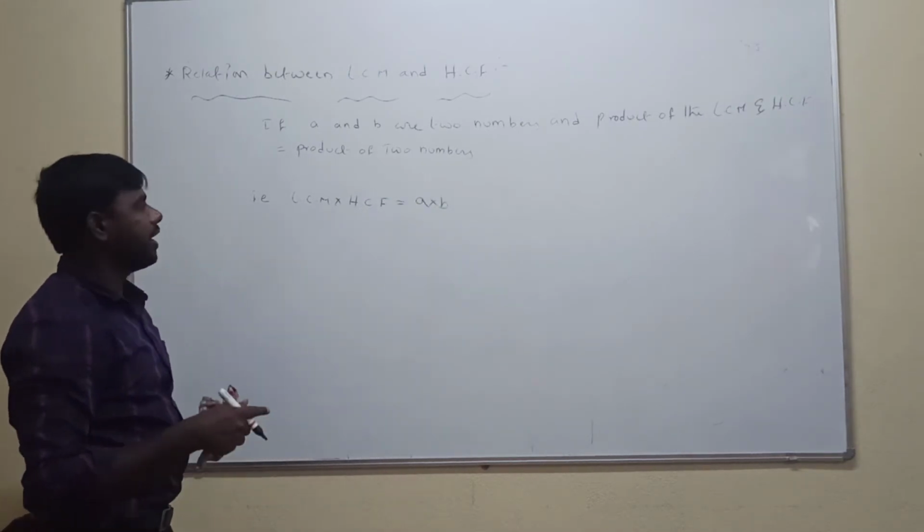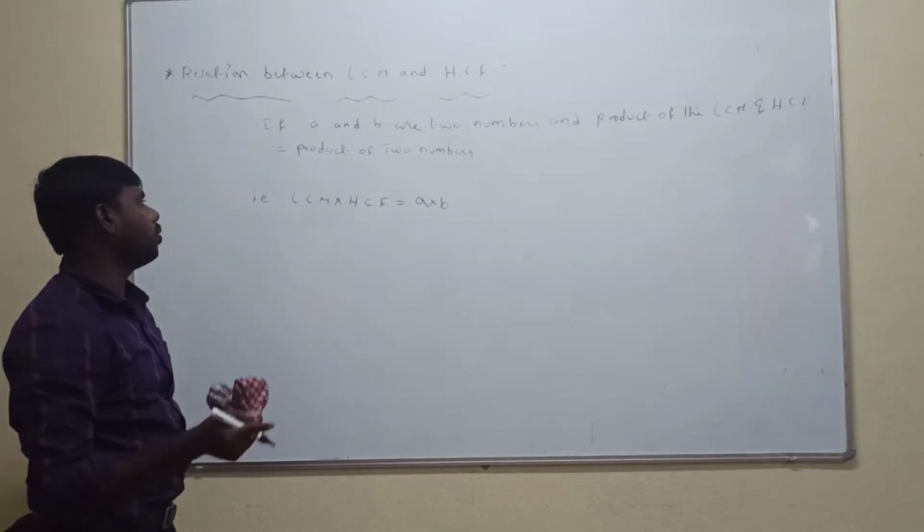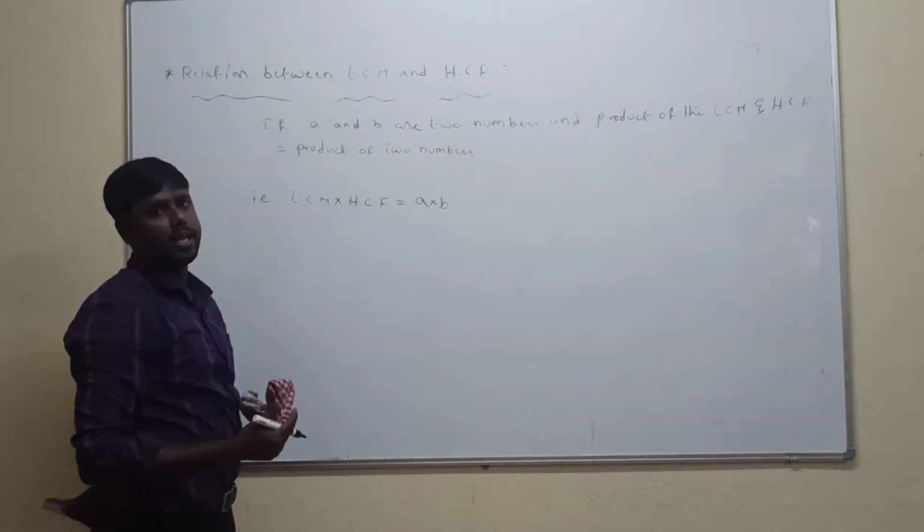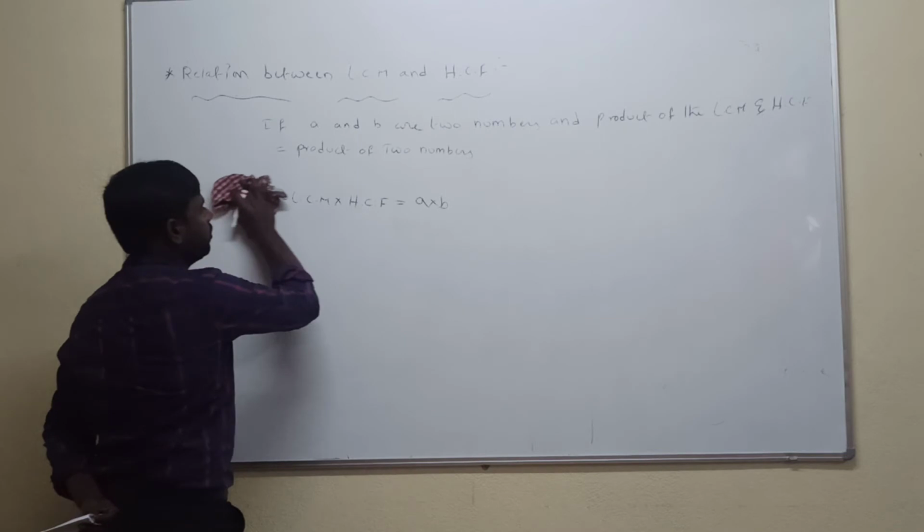Now let us discuss how to solve the problems by using this relation. First problem, everyone understood? Next, how to solve the problems using the relation between LCM and HCF.